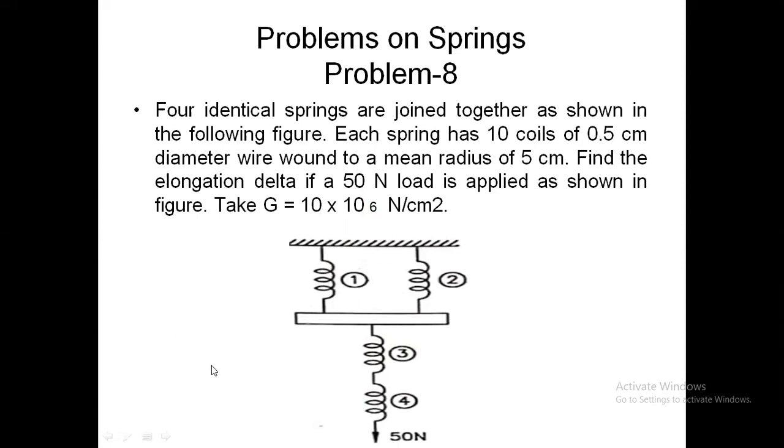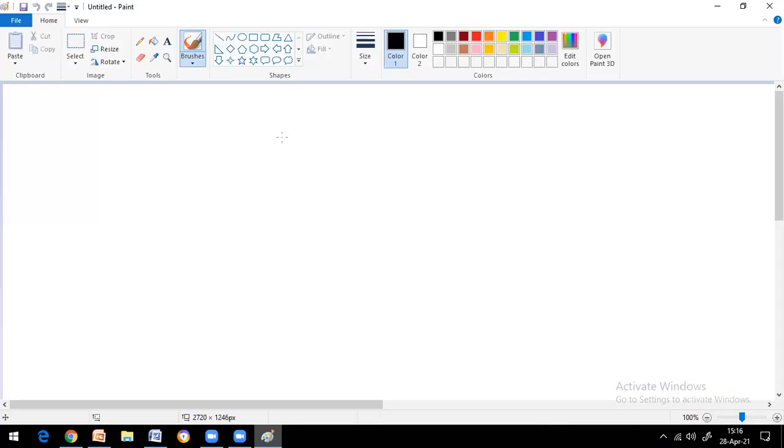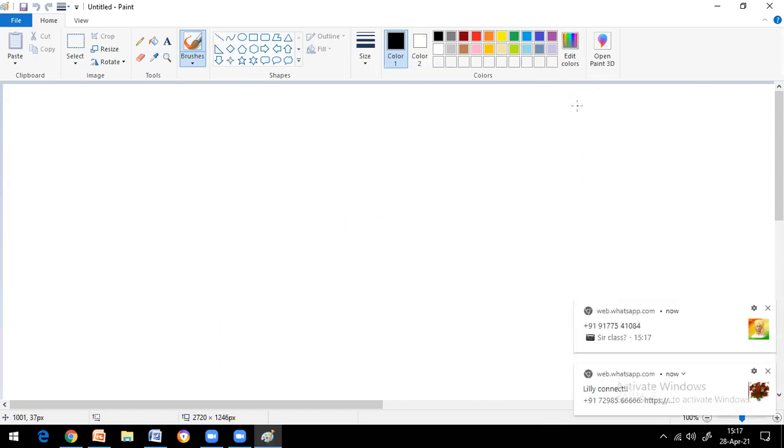If you ask me to solve, I can solve this also. So let me do this, and by that you can practice. What is given in the problem? There is a spring.